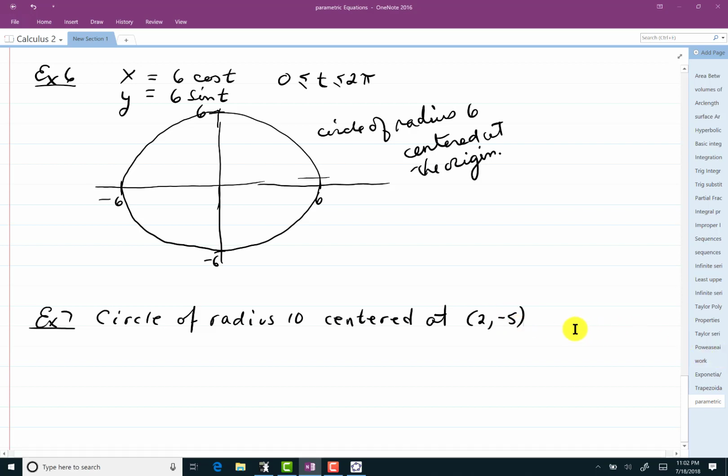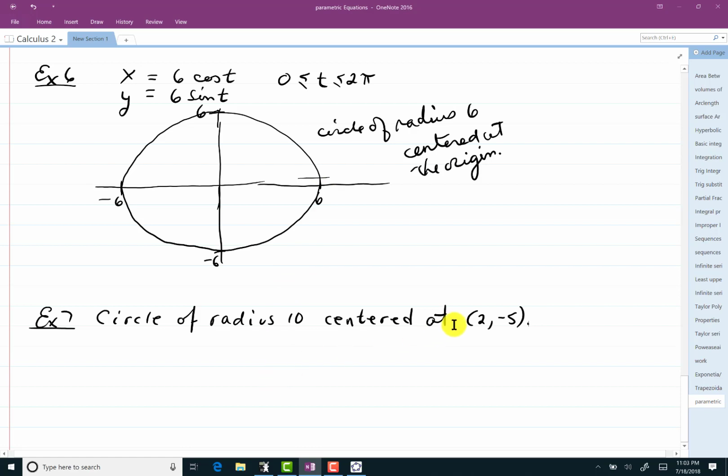Well, the way you treat this is almost like 2, -5 is your center, okay? If you're going to have a circle of radius 10, then your x starting point would be 12 and your y starting point would be -5.